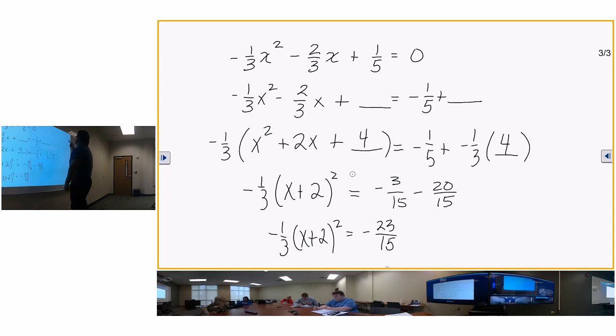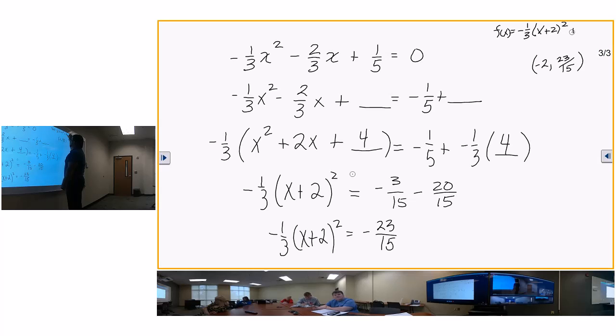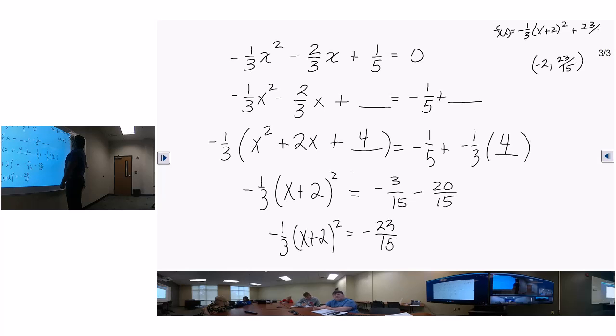Vertex is what? Negative 2, comma, 23/15. F of x is equal to negative 1/3 times x plus 2, quantity squared, plus 23/15.